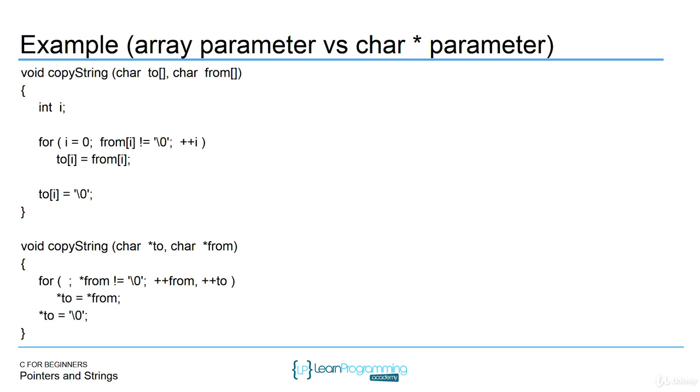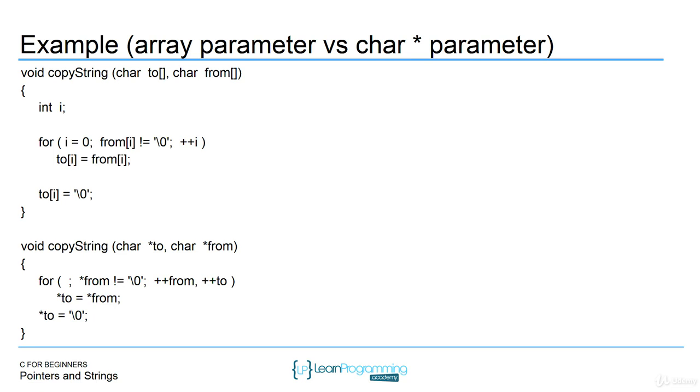We're just adding 1 to the pointer, which is increasing its address by 1, which is getting the next character. In the next for loop line, we just dereference both the to and the from because we want to assign the actual value that the pointer is pointing to, the actual character, to the to pointer.